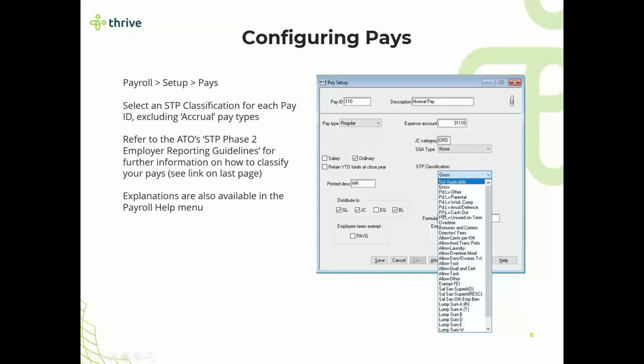With these STP classifications now being available on the Pays, Deductions and Fringe records, the need for those formulas greatly goes away. But one area where it may still exist is this allowance other. You still need to go in and nominate all your other allowances. So again, just do a bit of reading on it. If you have any questions, you're welcome to shoot an email up to our help desk and we'll give you some help.